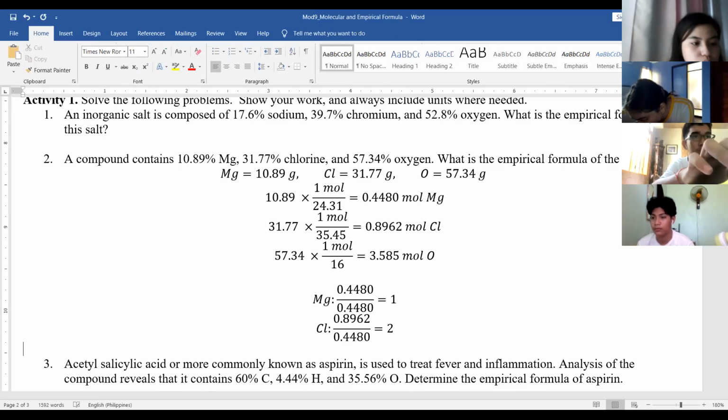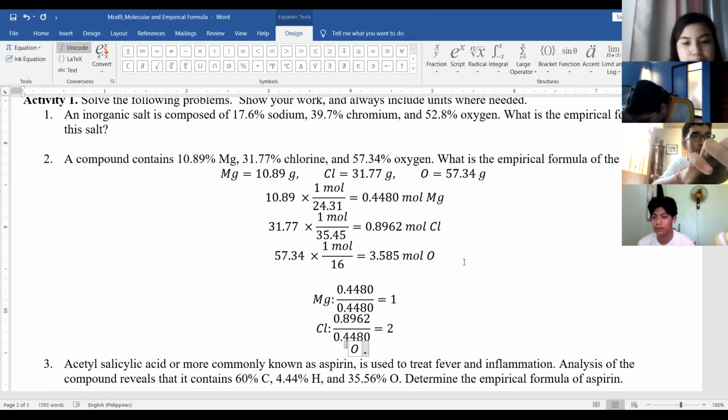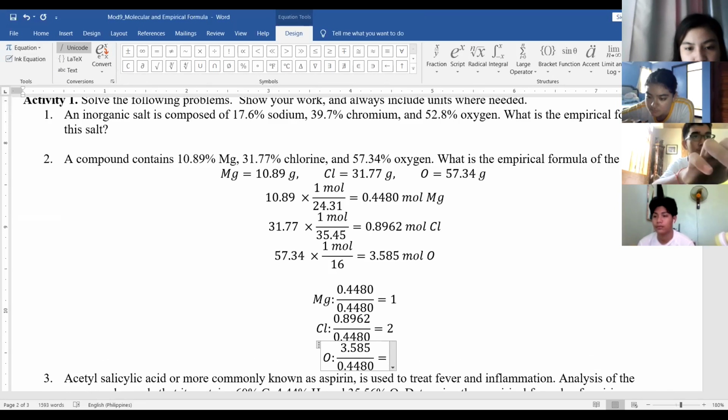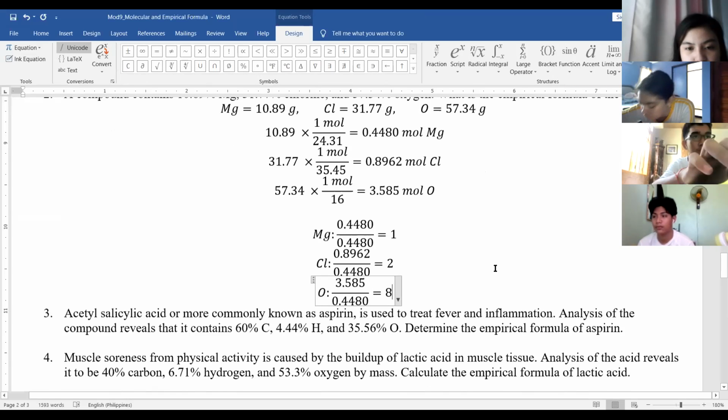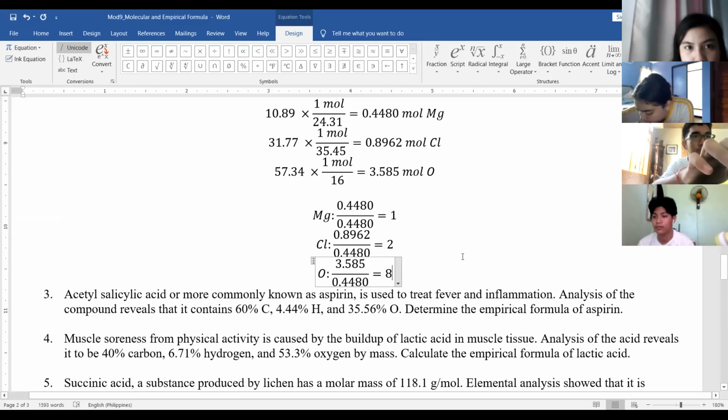And lastly, for oxygen, with the number of moles 3.585 divided by 0.4480, the answer there is 8.002 or just simply equal to 8. So there you have now the values which are in exactly whole numbers.